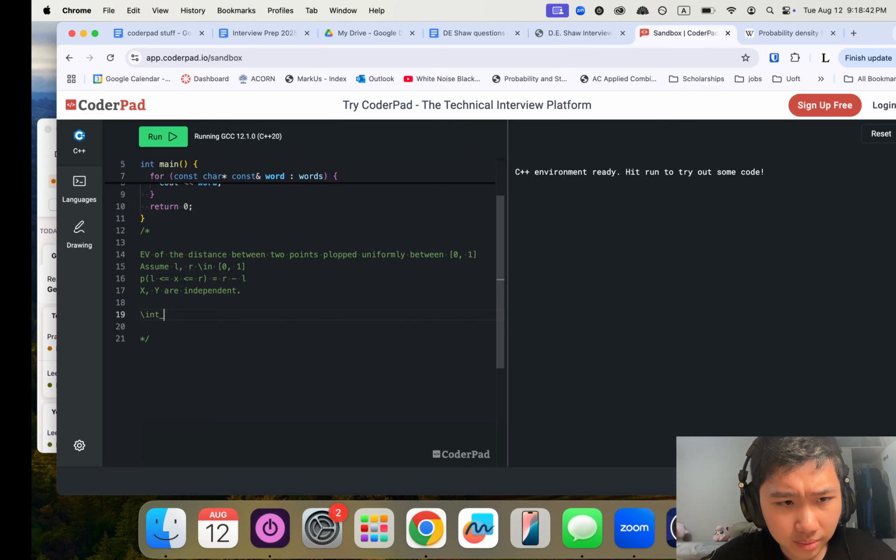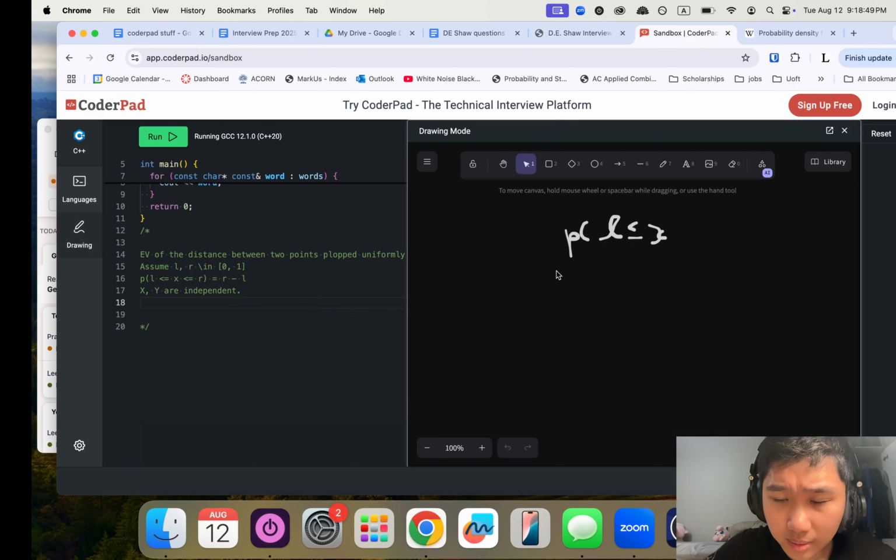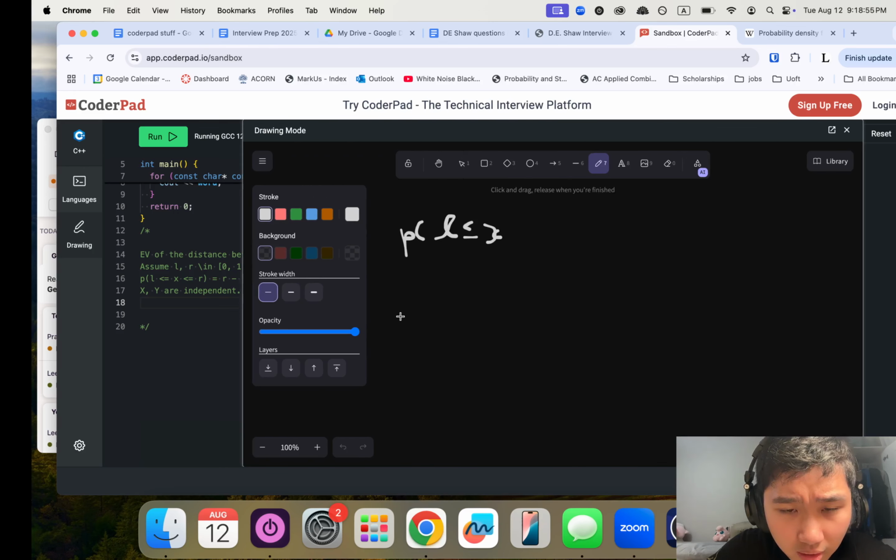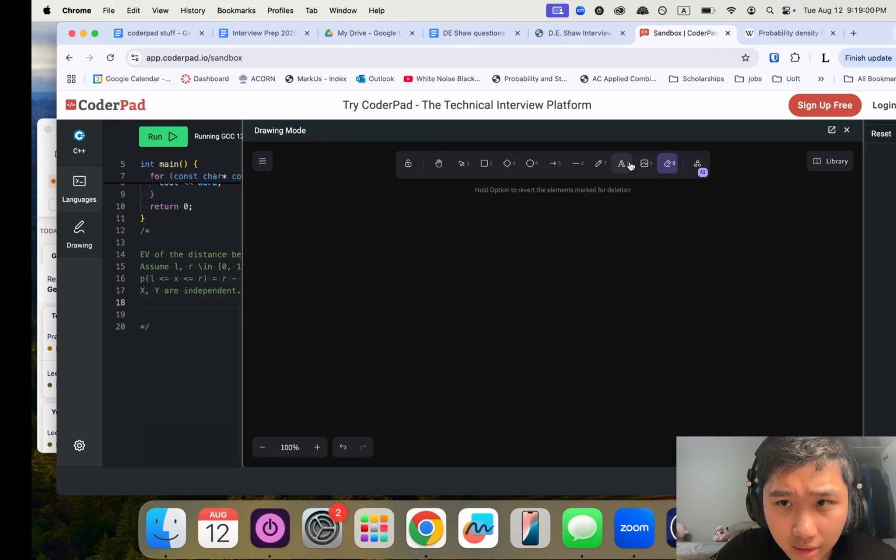It's going to be the integral from 0 to 1. I should maybe try and read this, it would be easier. Should we solve this?